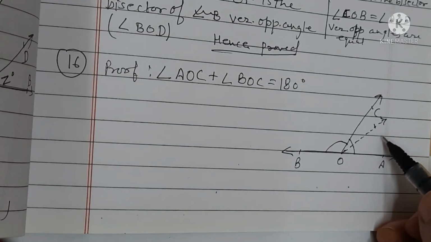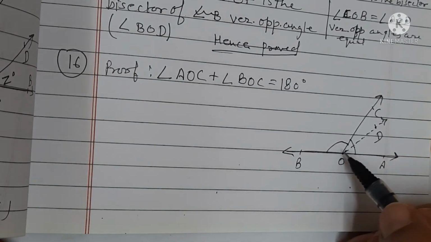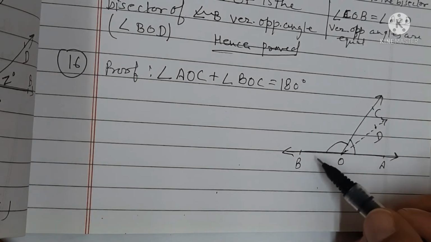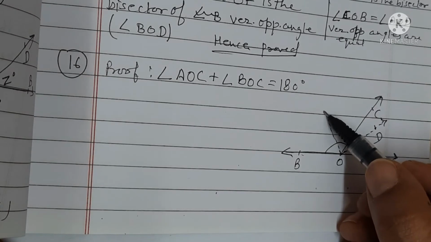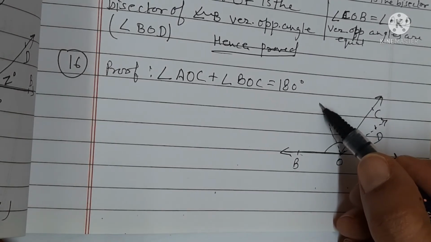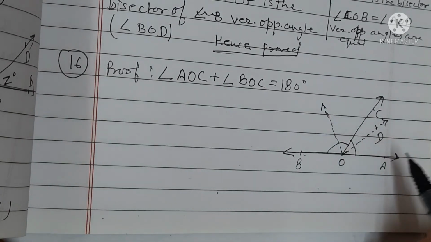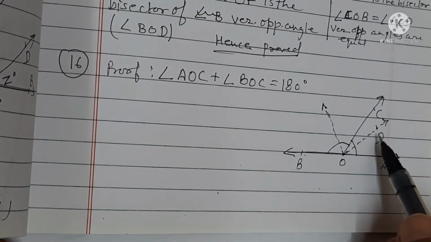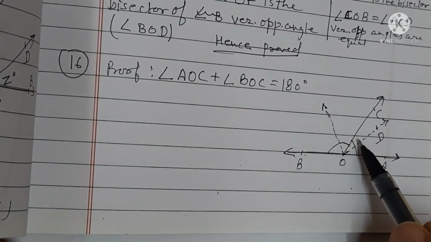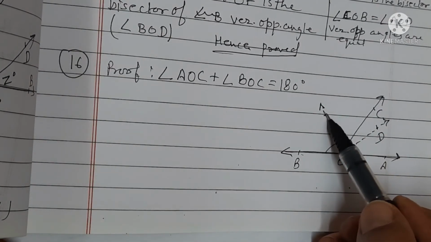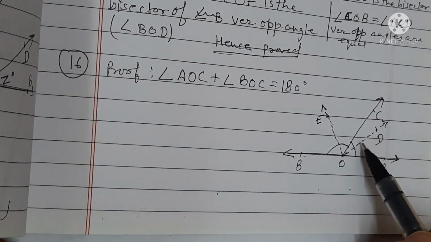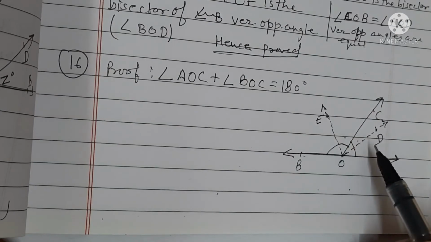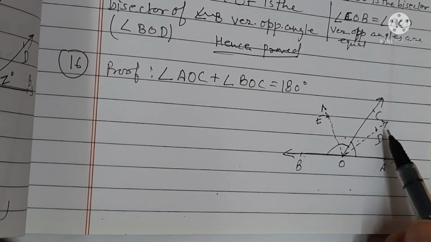Write it D. And here the bisector of BOC. Draw this bisector like this. It means we have to prove that the sum of these two angles will be 90 degrees. This is D, this is E.